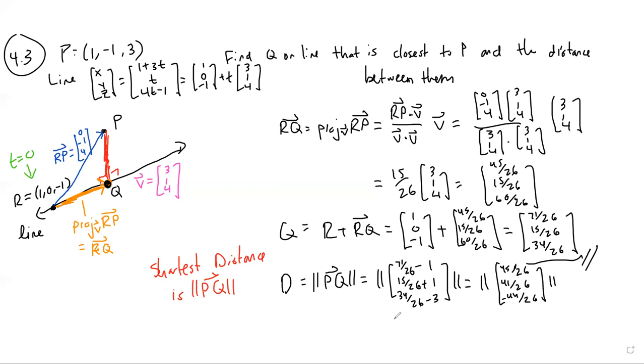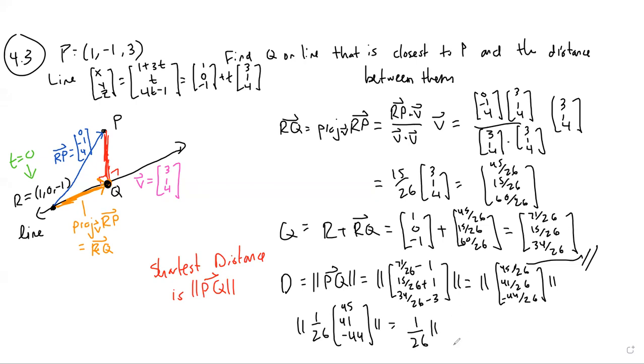And we can clean up this distance calculation quite a bit. Notice that we can actually factor out that over 26 in here. So I can take out that over 26 and write 45, 41 and negative 44. And then I'm allowed to actually just take that out of the length calculation.